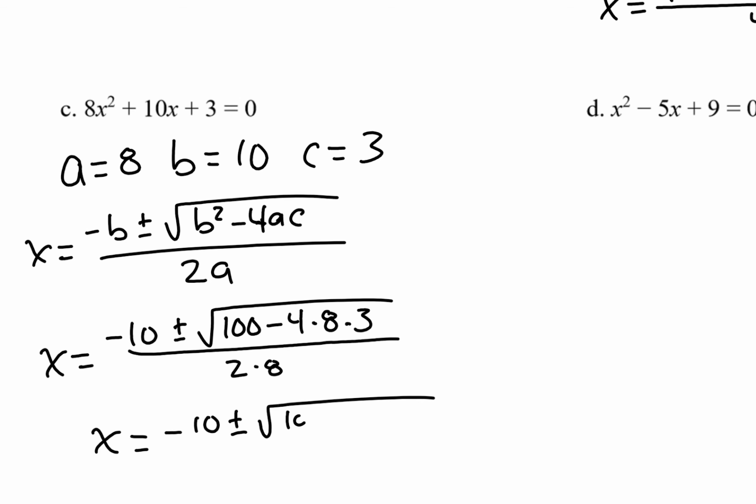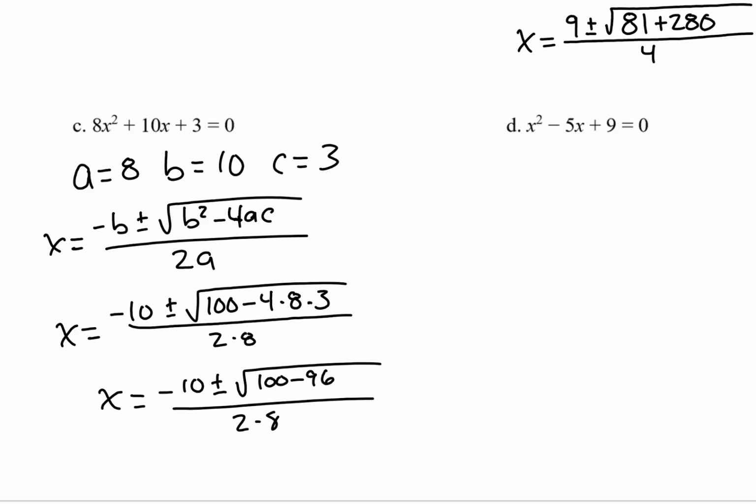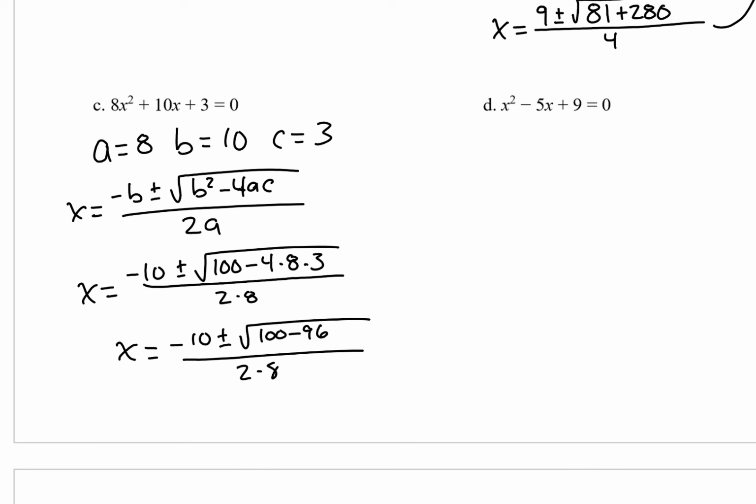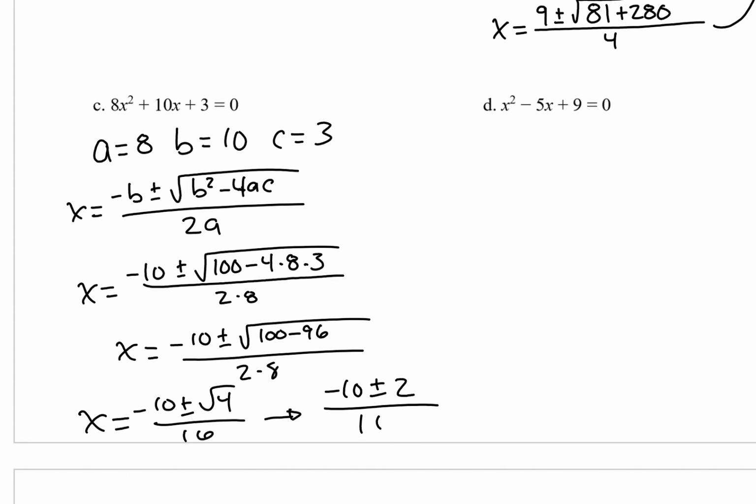Write that down. 100 minus 96, which is just 4, right? All divided by 2 times 8. So that's x is equal to negative 10 plus or minus the square root of 4 over 16. Almost there. Negative 10 plus or minus 2, all divided by 16.